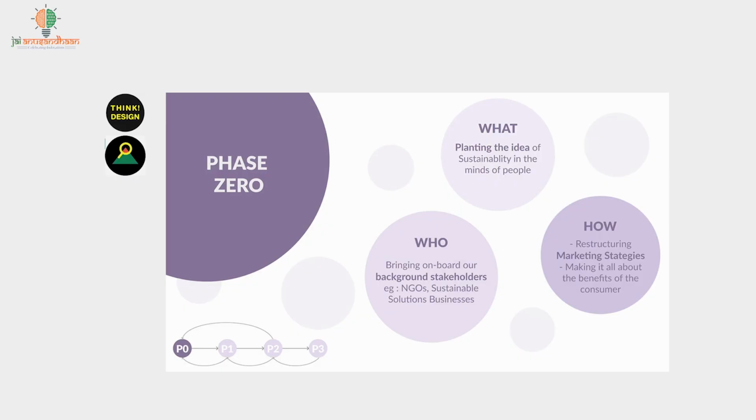So, in phase 0, they asked 3 questions: what, who and how. What, for example, is initially just planting the idea of sustainability in the minds of the people in the society. Who, they thought that it might be good to find out who the stakeholders are, for example, the NGOs or business people who provide sustainability solutions, and get in touch with them.